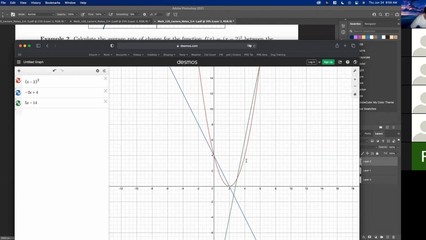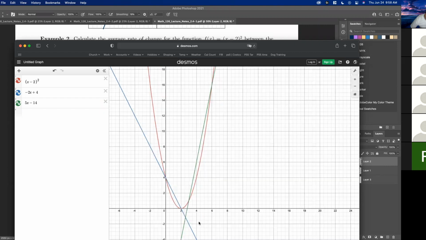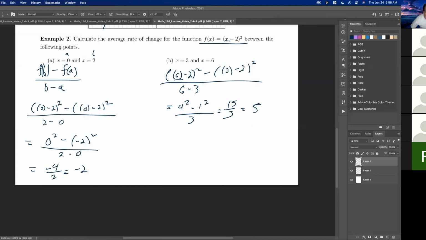I'm solving the equation in my head. So between 3 and 6, the average rate of change here is 5. And so it's this much stronger line here. For any given function, depending on which 2 points, you're going to have different secant lines. All right, so let's put this off to the side. I just wanted to show you one of them live. Let's go to the next page.